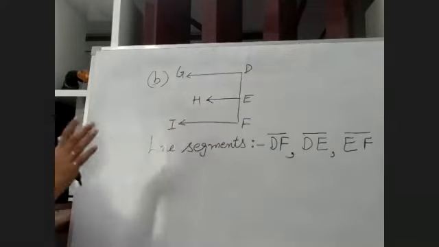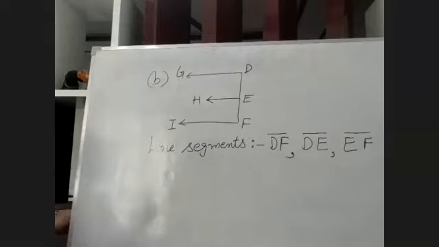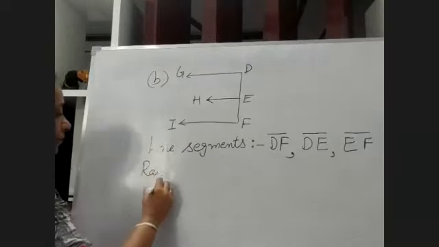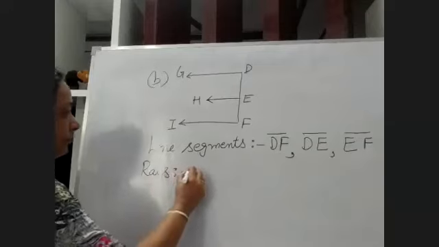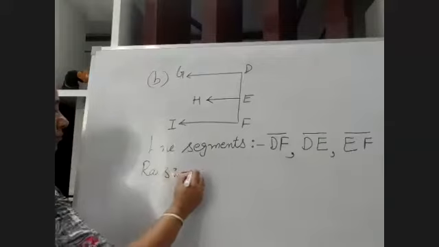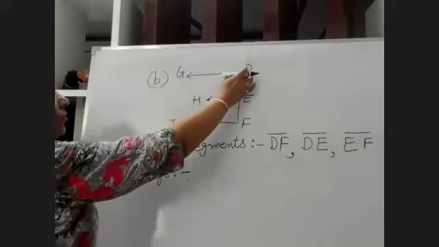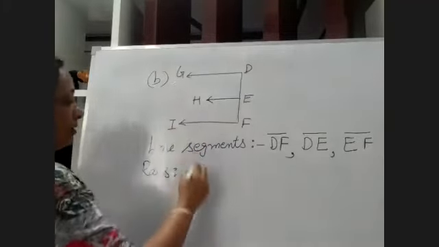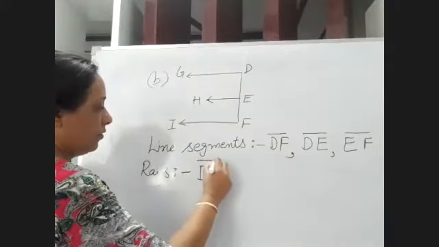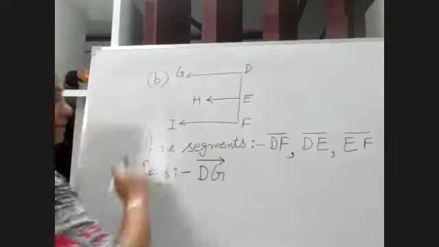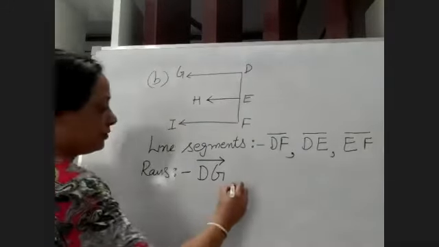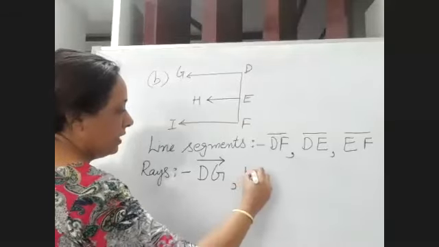In this figure, we have 3 line segments and 3 rays. Rays are: first is DG. Now write the ray as DG.